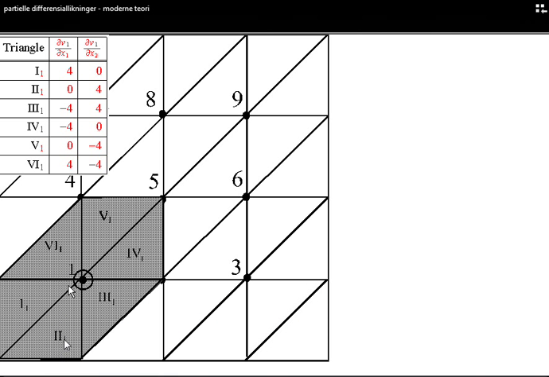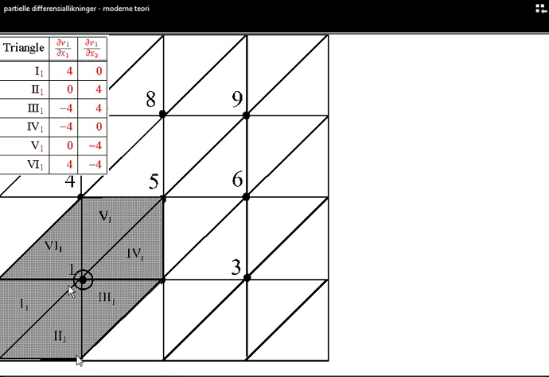In this triangle, the partial derivative of V1 with respect to x1 is just 0, due to the fact that this function is constant along this line at the bottom.